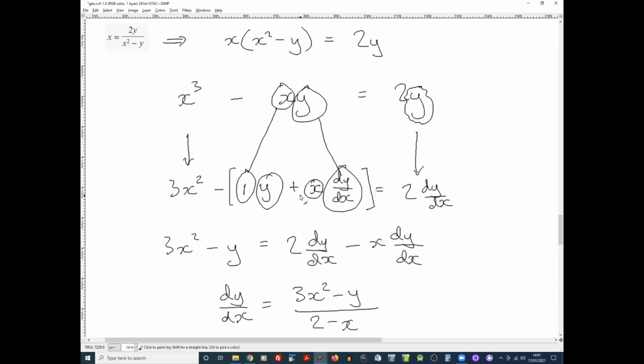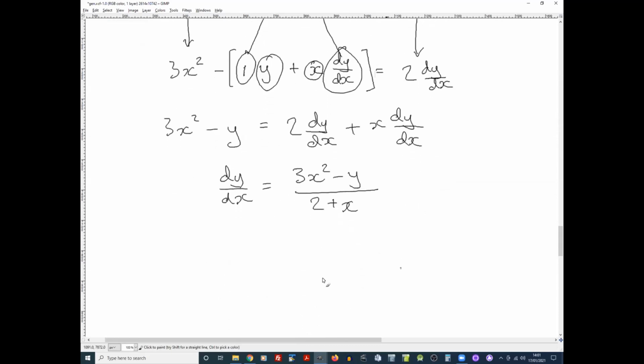When I brought that x over to the side, it was a plus. I went over that in my mind. So you've got to plus it. Well, I need a plus there, don't I? Yeah, quite right. 3x squared minus y, minus the x is going to become plus on the other side. Of course it is. Good, good, good.